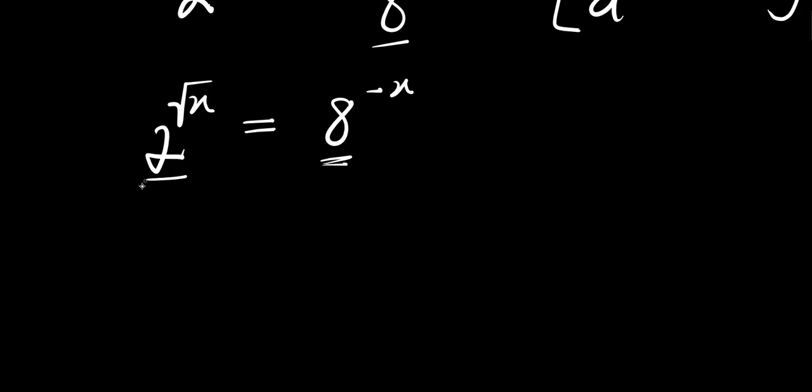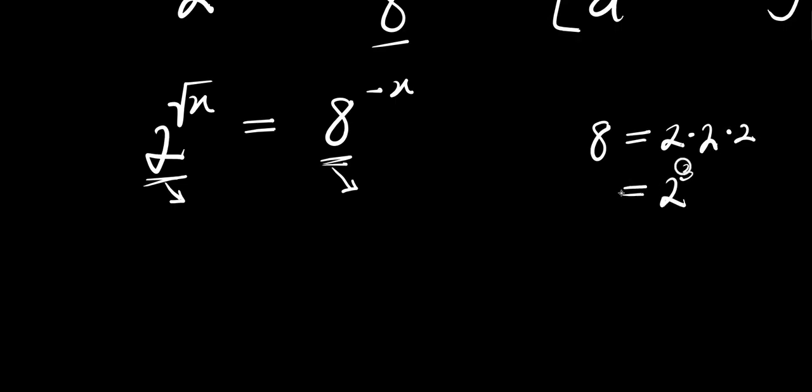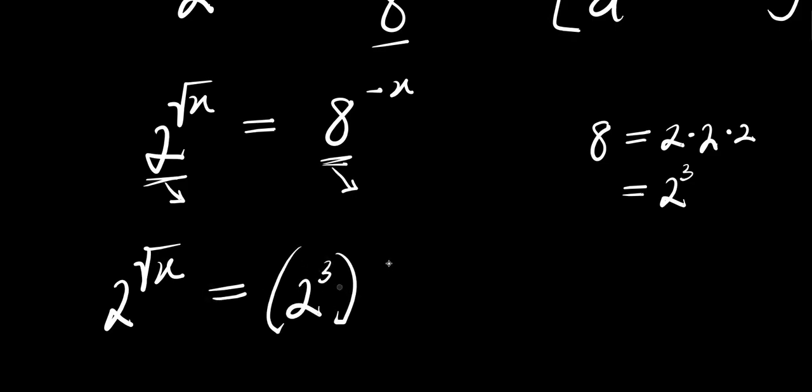We have to make sure that these two bases here are the same. 8 is the same thing as writing 2 times 2 times 2, and that is 2 power 3. So we have 2 power square root of x equals 2 power 3 to the power of negative x.